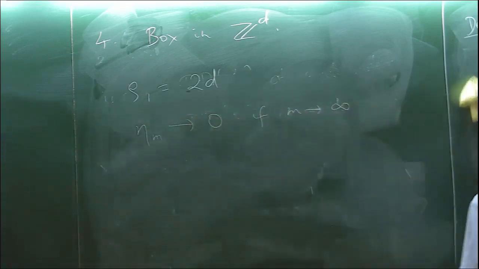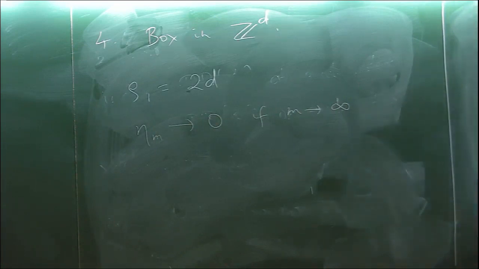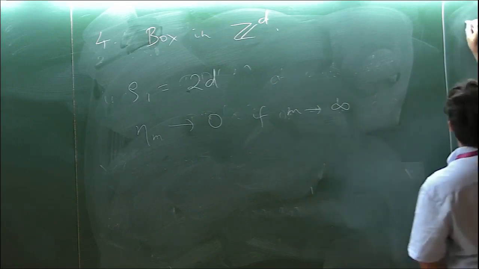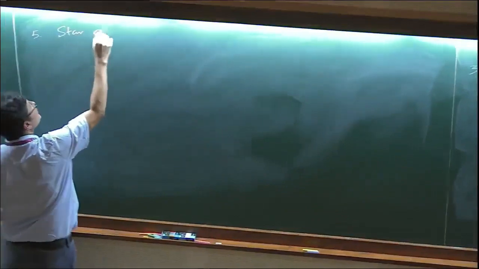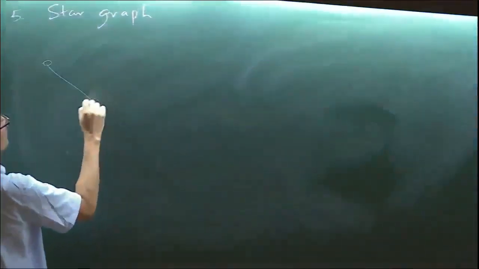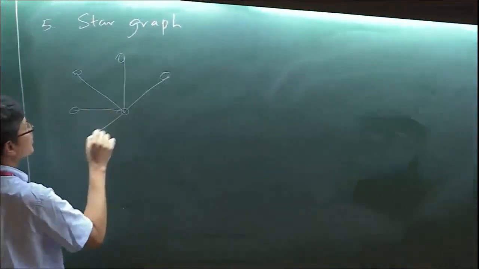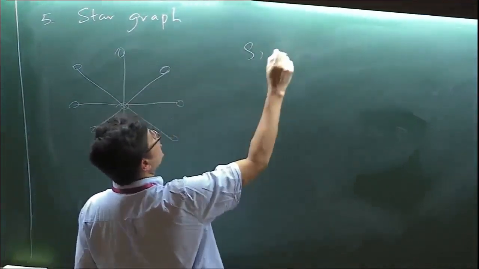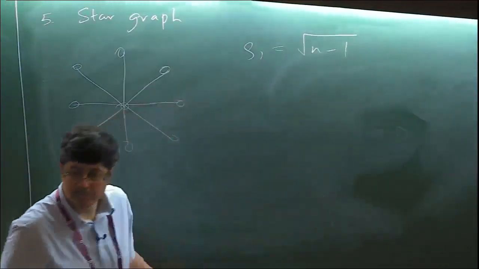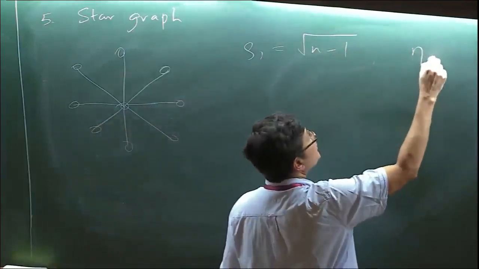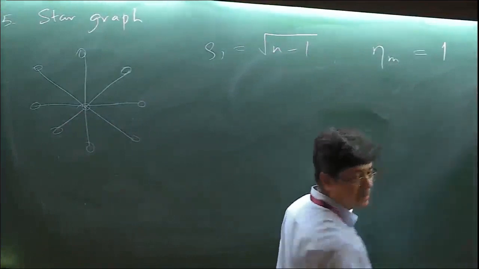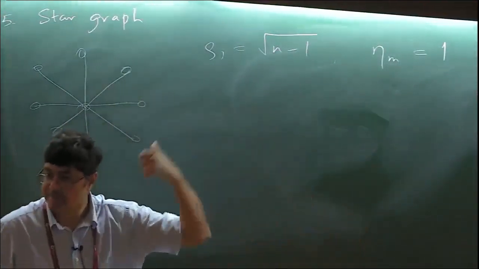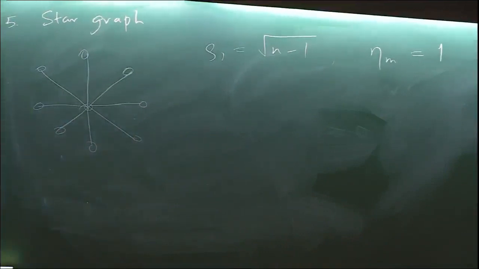And one more example is the star graph. Here rho 1 is square root of n, and eta is 1, because if you pick a leaf, there's exactly one edge coming out of that, or the same for a subset of m leaves, m edges.